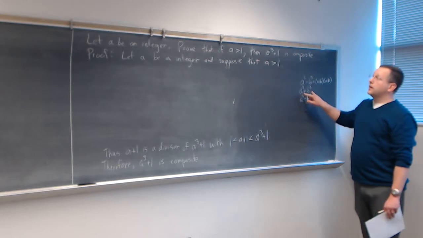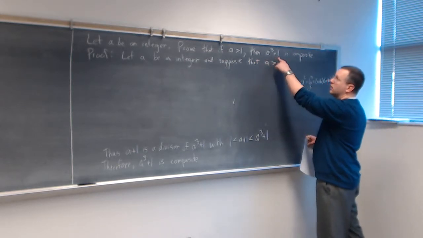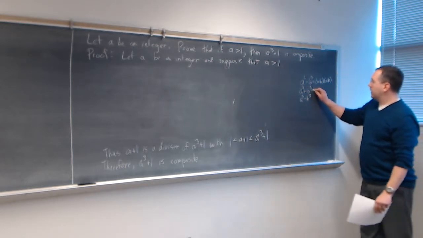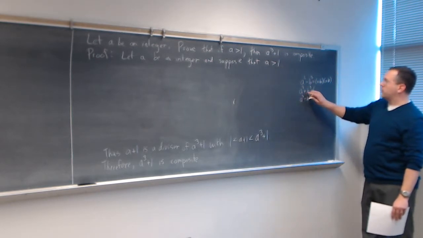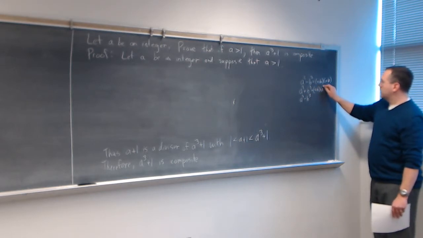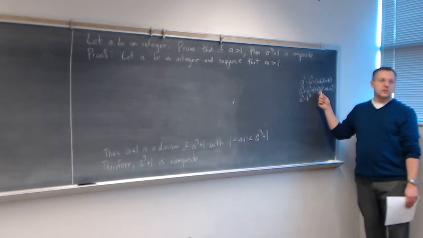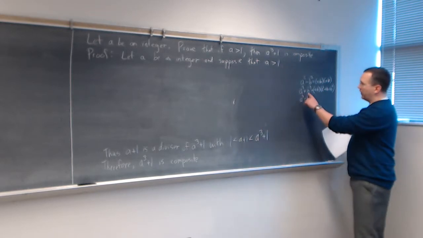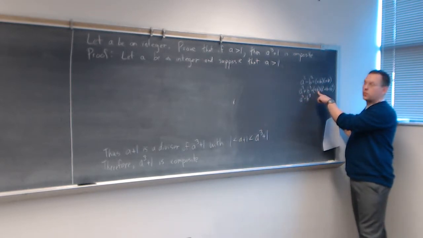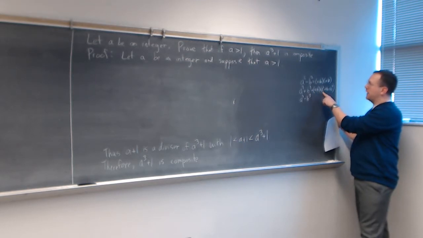But it is true that a cubed plus b cubed factors as a plus b times a squared minus ab plus b squared. So that's the factorization formula. If I plug in 1 for b, you get a plus 1 times a squared minus a plus 1.